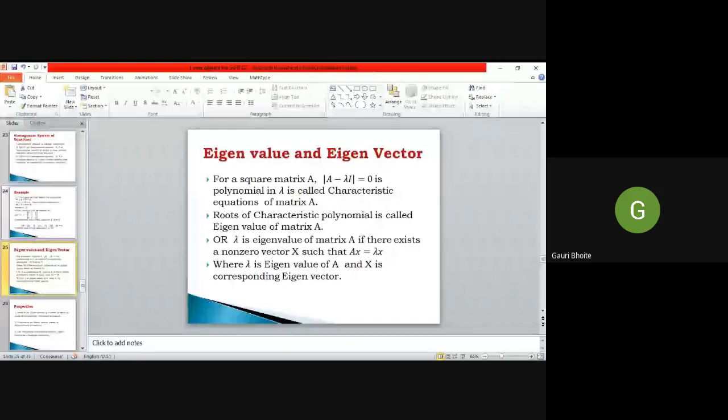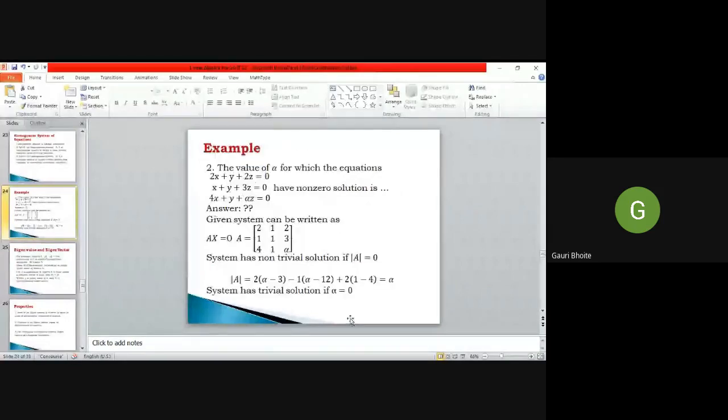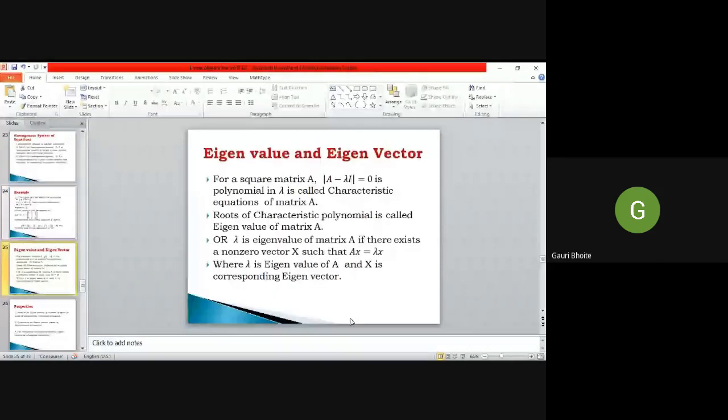We simplify and take the next point, eigenvalues and eigenvectors. What are the eigenvalues of a square matrix and what are the eigenvectors? Based on the properties, we are solving some examples.